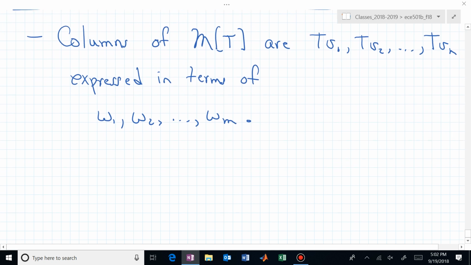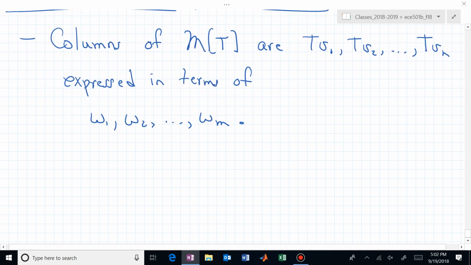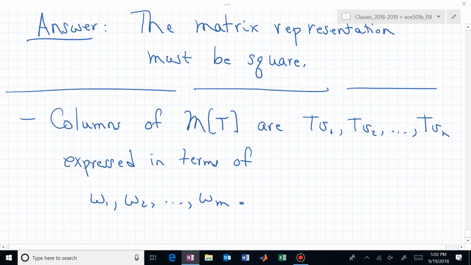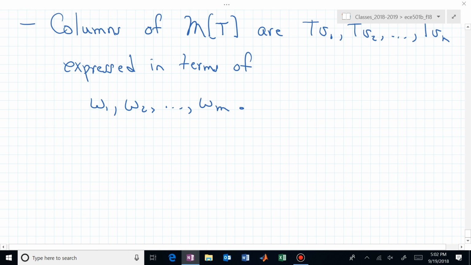So if that's the case, if these scalar numbers, and how many of these TVs do we have? N. So now, using this last result, this says that we have to have the same number of rows. That's how many scalars we have to combine these W's.